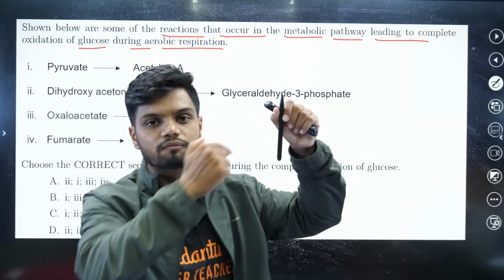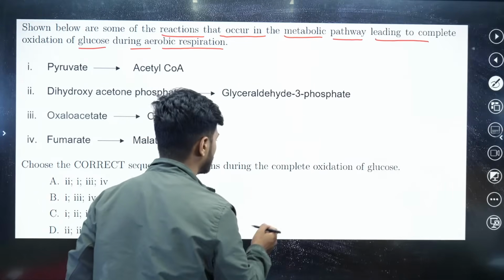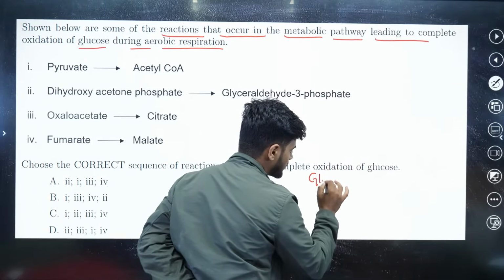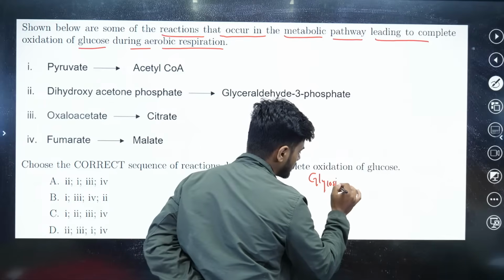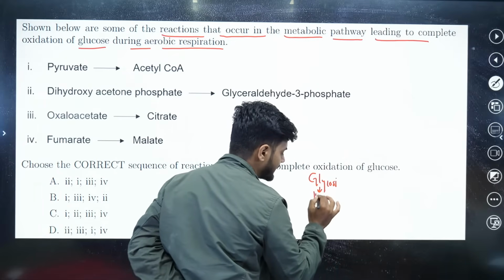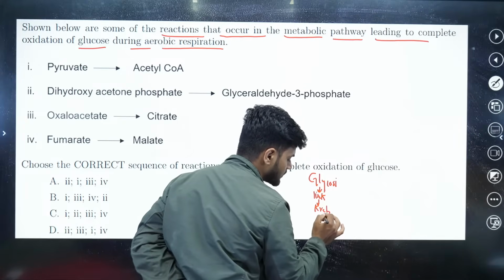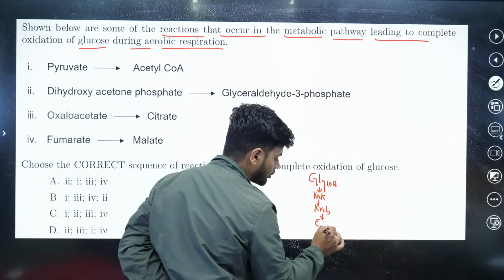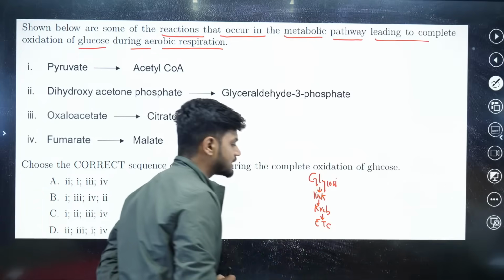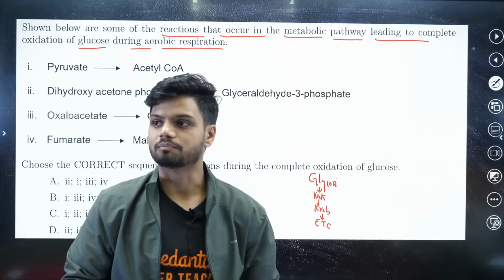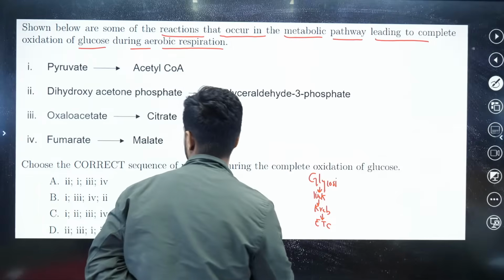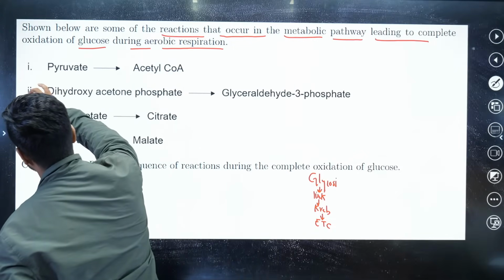This is the complete flow chart. What is the flow chart, all of you? First is glycolysis. Then we have your link reaction. Then we have the Krebs cycle. And then we have the electron transport chain or electron transport system. This is the entire flow. Let me write it big, I think it's not visible.